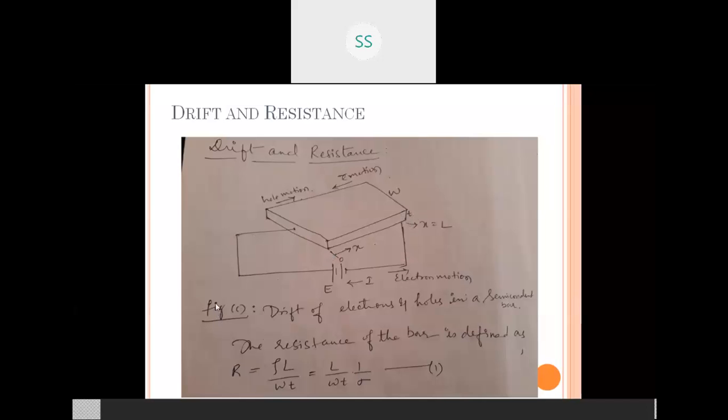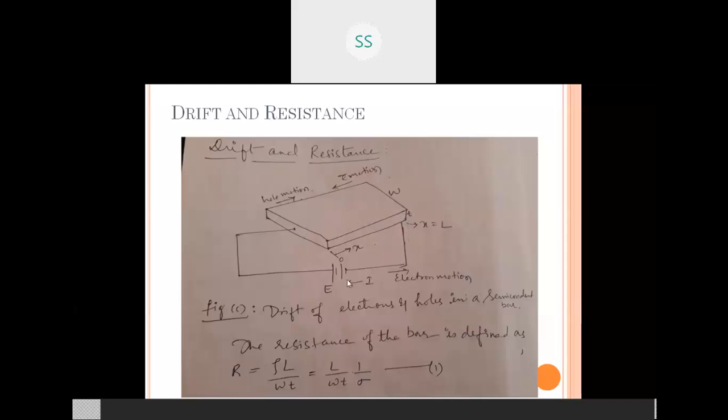So for every electron leaving the bar at x equal to 0, a corresponding electron will be entering at x equal to L. Whenever an electron leaves at one end, a corresponding electron will enter at the opposite end of the bar.